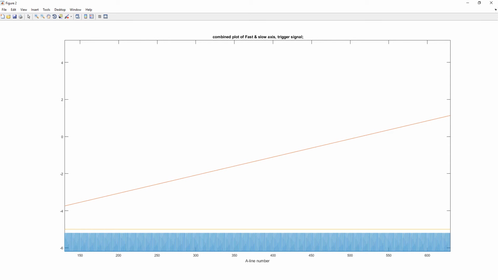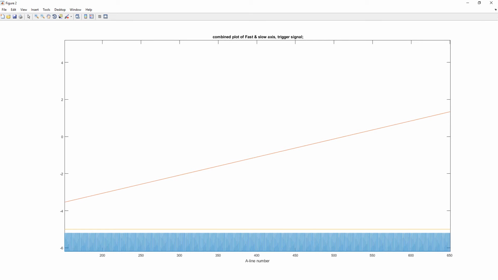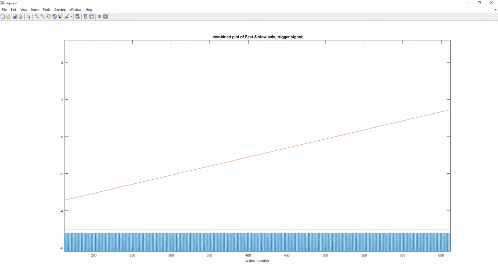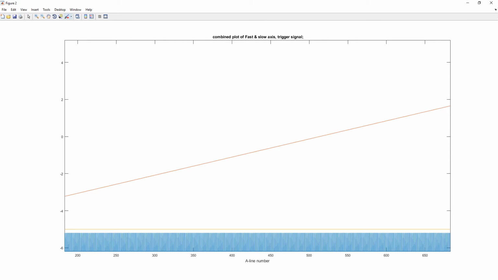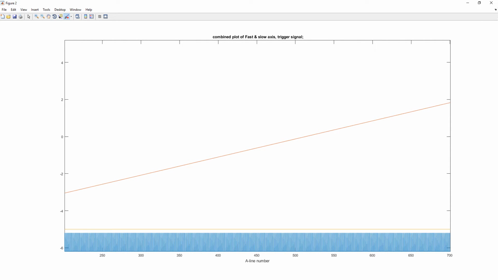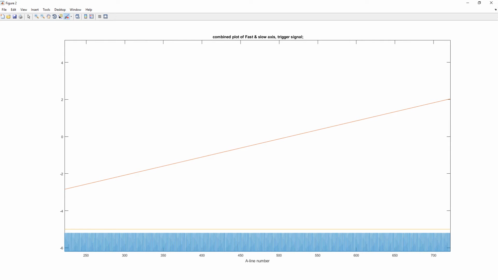We run the value from -5 to +5. As the scanning progresses, the red line, the fast axis, moves fast and moves up as it goes forward. The slow axis will remain constant.